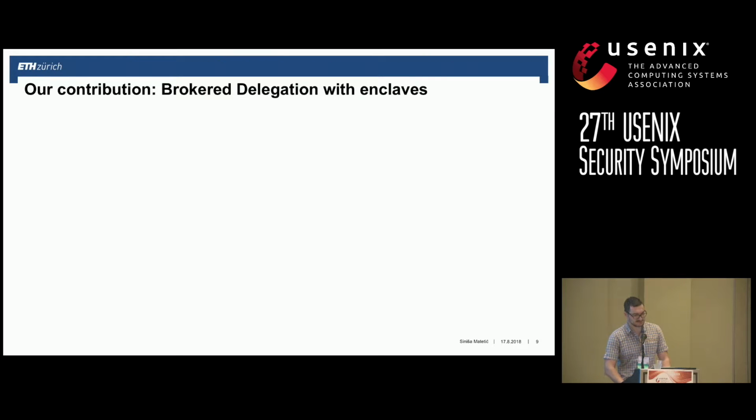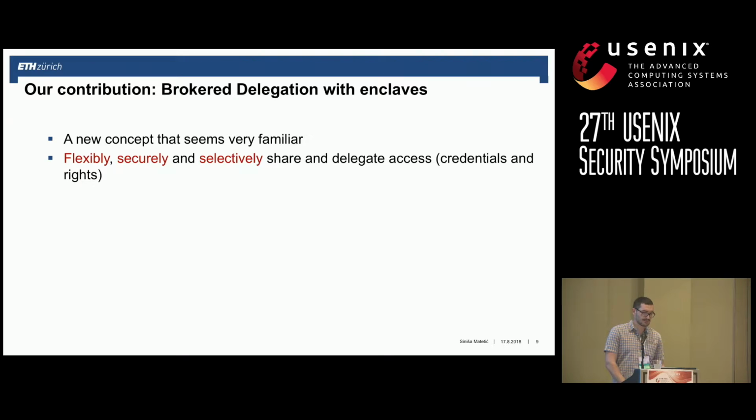So basically, if we go back to the title of the talk, we do broker delegation with enclaves. The concept of delegation is familiar also in computer science and in general in life, and it sounds very familiar. But what broker delegation with enclaves gives us is that it allows us to flexibly, securely, and selectively share and delegate access.